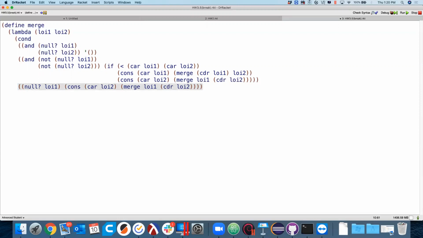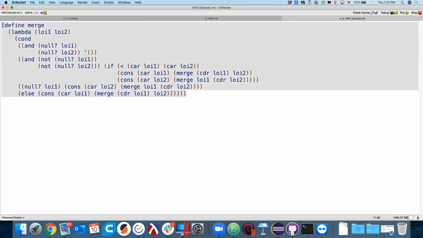Like that. Else, we must have a null LOI2. Cons the car of LOI1 onto whatever's returned for merge coulter LOI1 and all of LOI2. Like that.